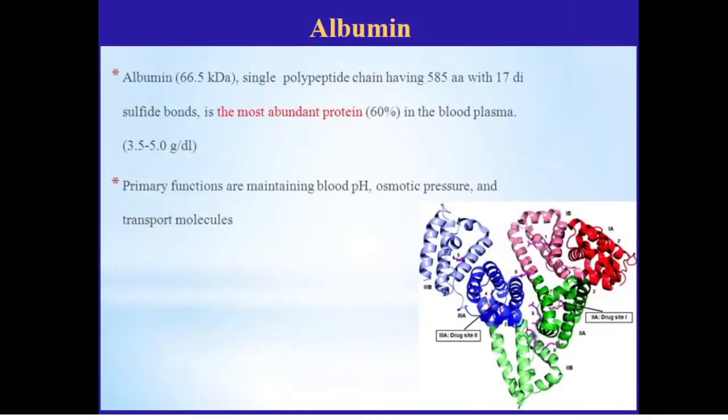As we said, the most important role in the formation of oncotic pressure is played by albumin. It is a simple protein, and look, it is a tertiary structure protein because it has only one polypeptide chain. I remind you that parts of one polypeptide chain that are compacted separately in tertiary structure are named domains, not subunits, domains.